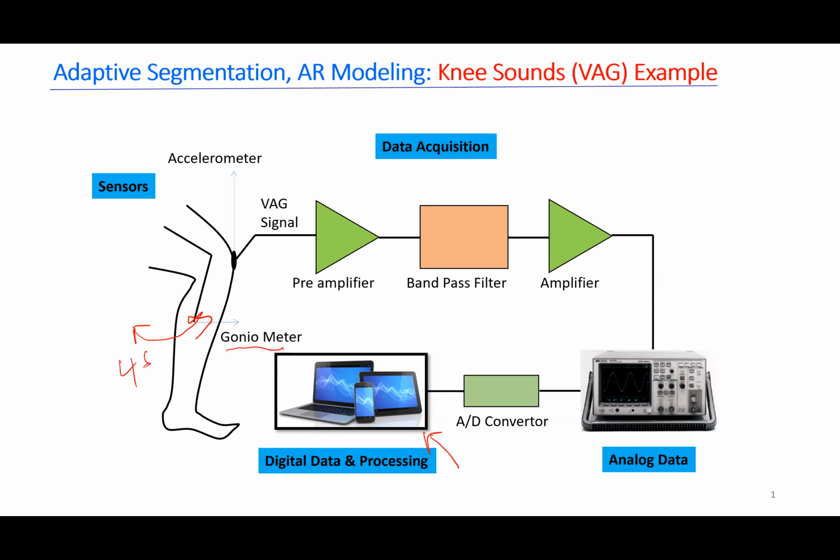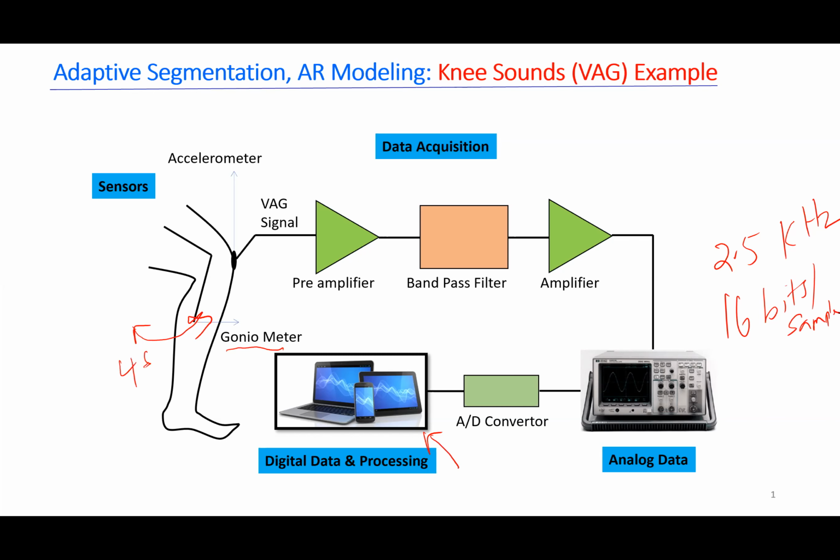So the VAG signal goes through classical biomedical instrumentation before it's stored in the computer. In this specific project, the knee signals were sampled at 2.5 kilohertz, in other words, 2,500 samples per second, and 16 bits per sample. So the quantization was 16 bits per sample.